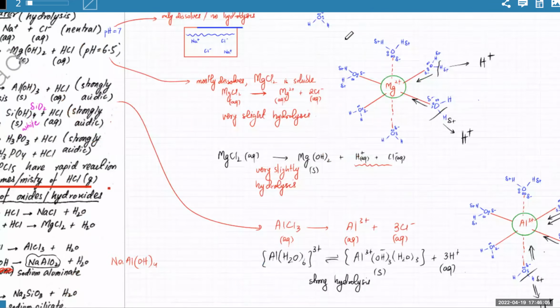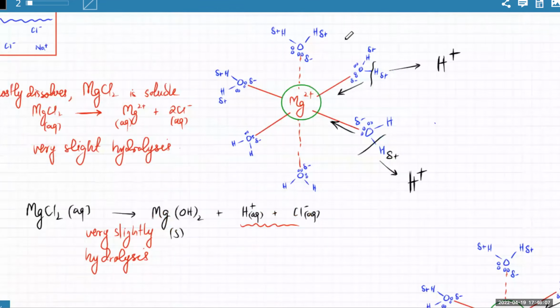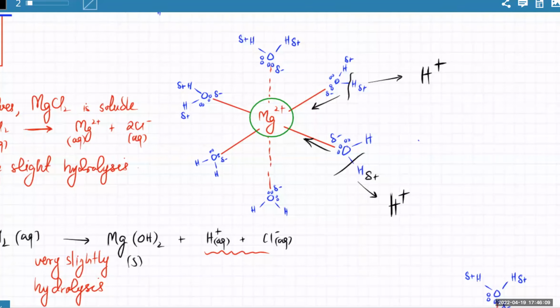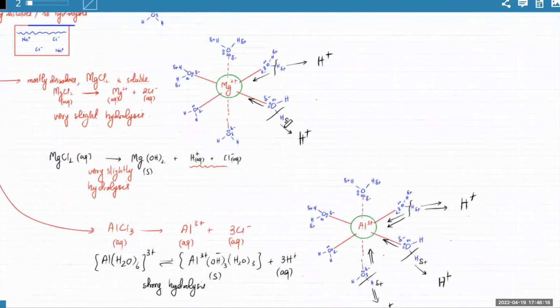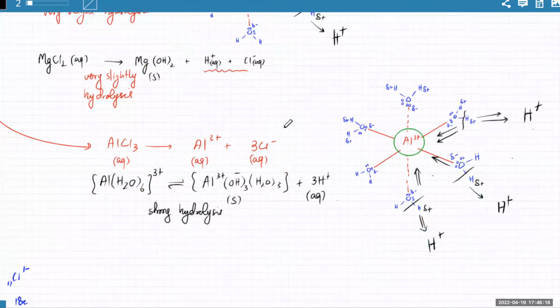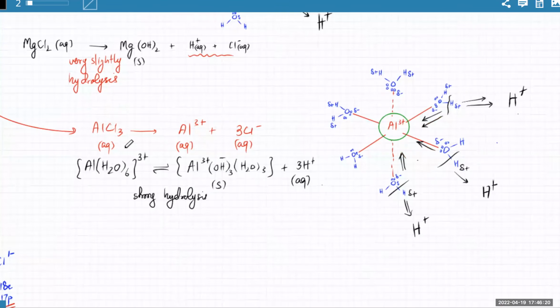They're basically reactions with water, where water reacts with MgCl2 and AlCl3. And AlCl3, which is a covalent molecule, mixes with water, reacts with water, and a new compound is formed.